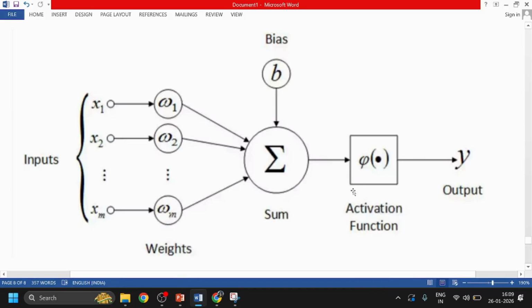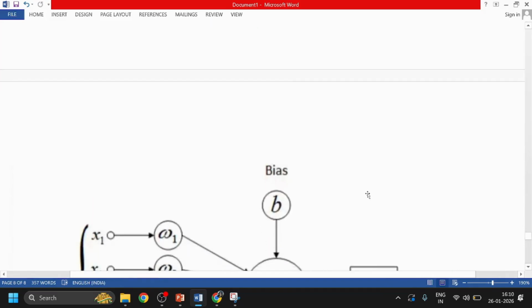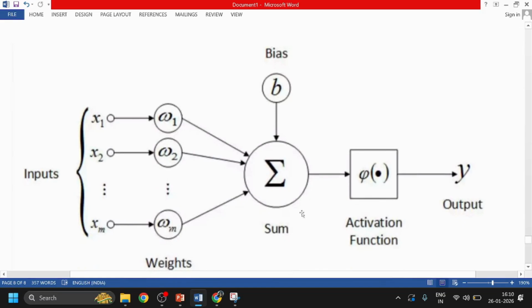This is the activation function and this is the output. The same transformation is applied to every word. This increases the representation power of the model.